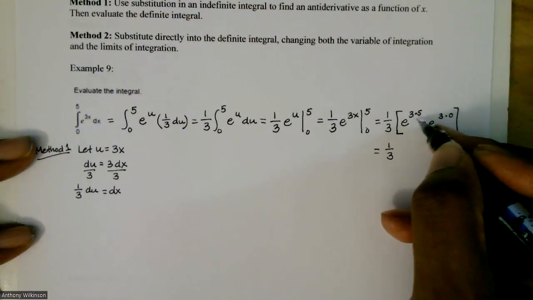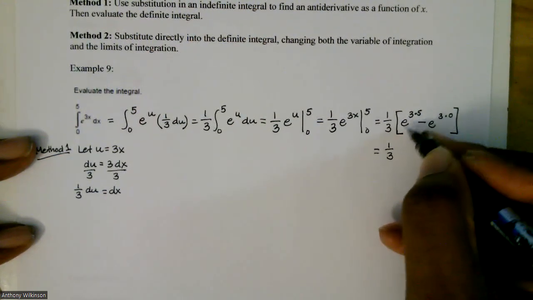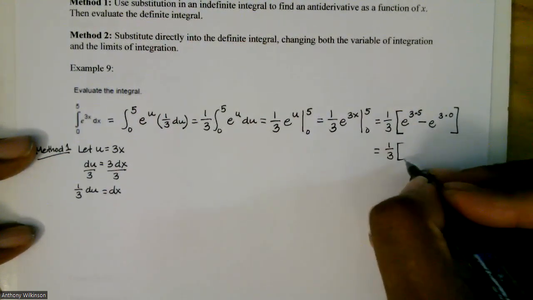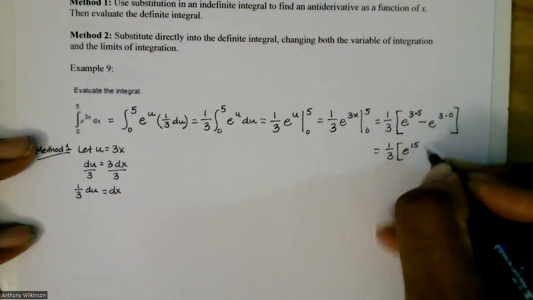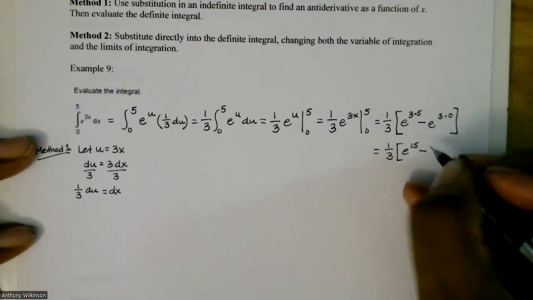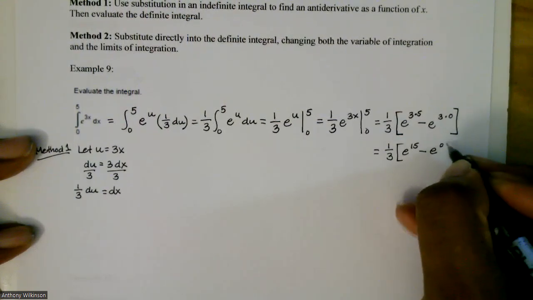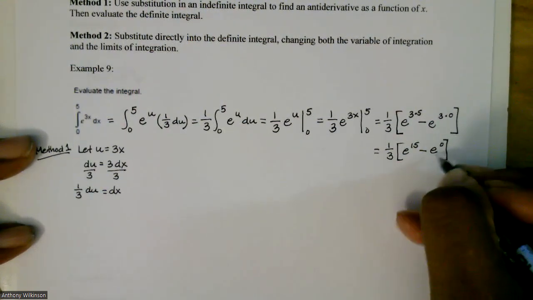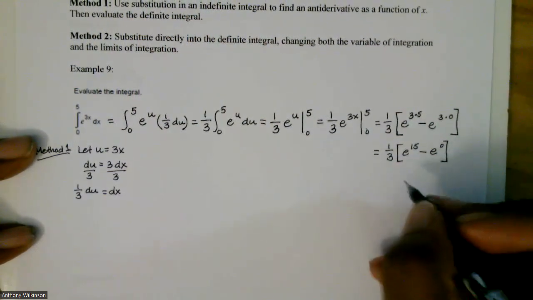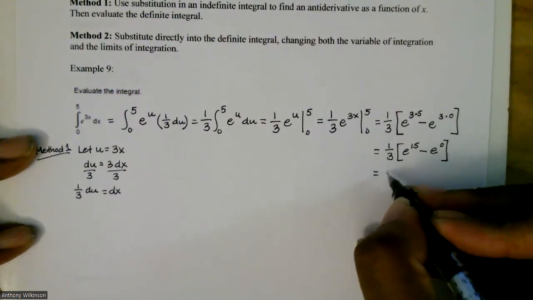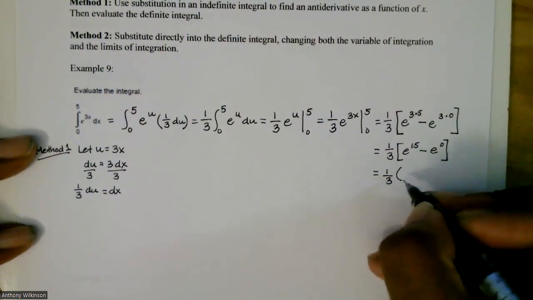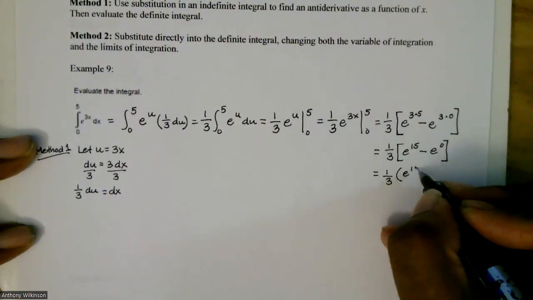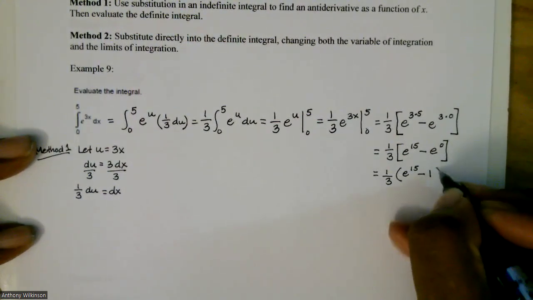Well, 3 times 5 is 15, so it'll be e to the 15th. Minus, 3 times 0 is 0, so it'll be e to the 0, and e to the 0 power is automatically going to be 1. So this will be 1/3 times e to the 15th minus 1.